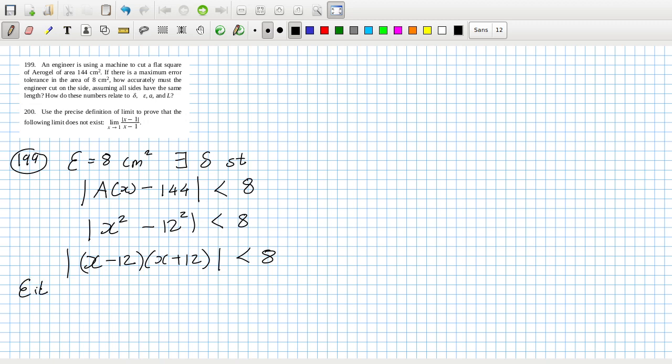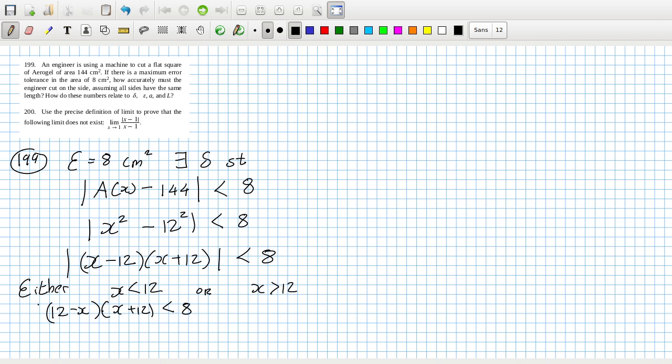Either x is less than 12 or x is more than 12. So if we take the first case, x is less than 12, then we'll have a negative here. So then we would have the equation 12 minus x times x plus 12 less than 8.